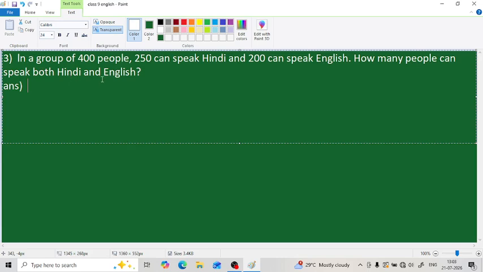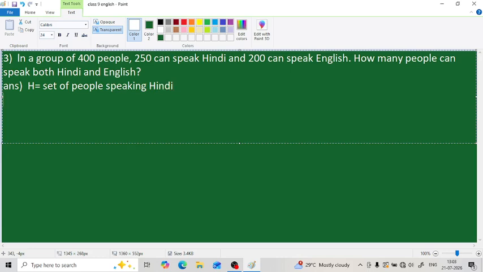So here H and E are coming, isn't it? For Hindi I am taking the set H, and for English I am taking the set E. So first we have to write it. H means the set of people speaking Hindi.